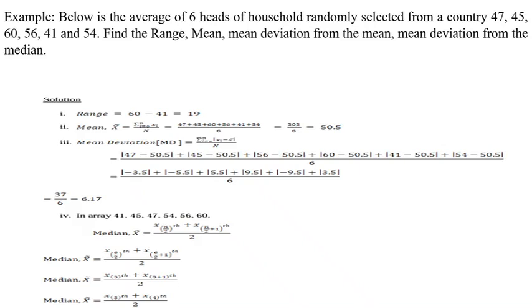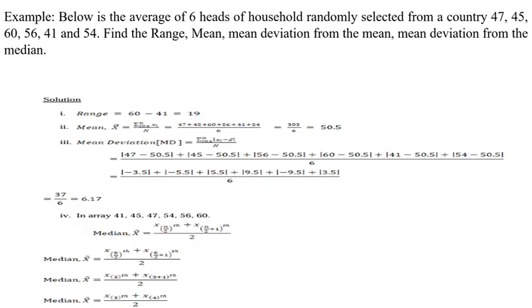Then 47 minus 50.5 will give us minus 3.5, plus 45 minus 50.5 gives minus 5.5. Then we do the rest and divide by our total number of observations.